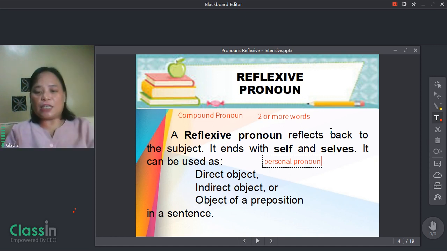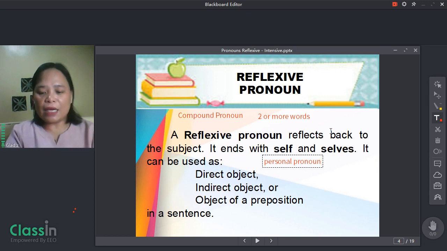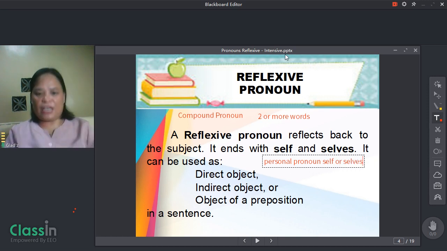It is composed of a personal pronoun plus the word self or selves. So a reflexive pronoun ends with self and selves. That's why it becomes a compound pronoun.